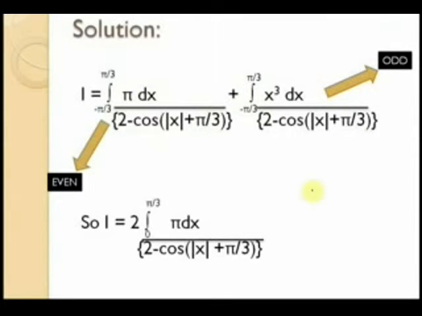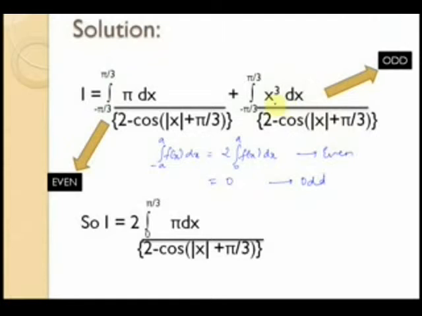Now we know that integral of minus a to a f(x) dx is equal to 2 times integral of f(x) dx from 0 to a if f(x) is even, and is equal to 0 if f(x) is odd, and hence this entire term is an odd function.